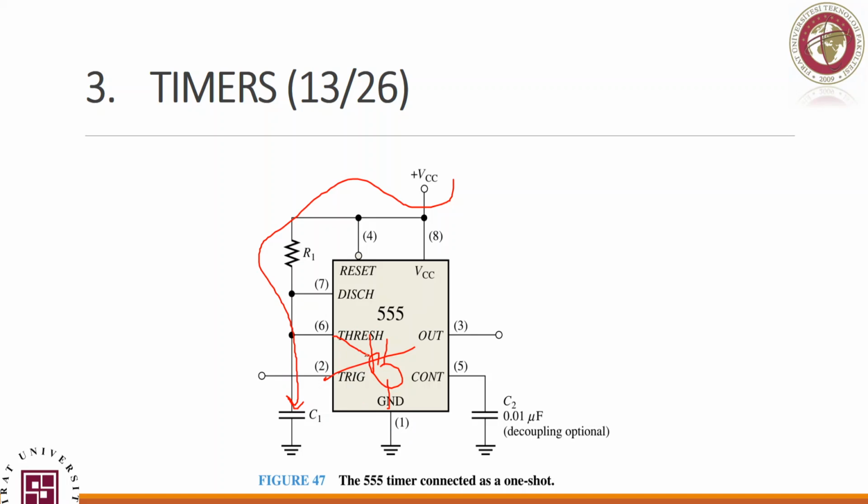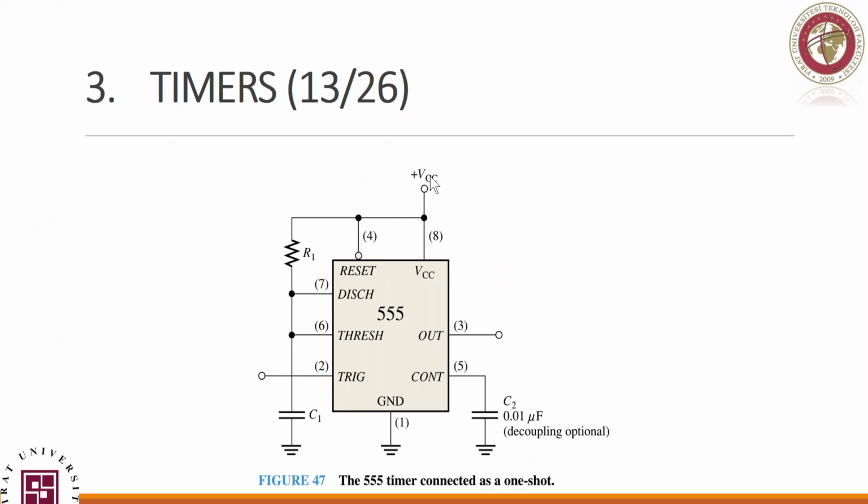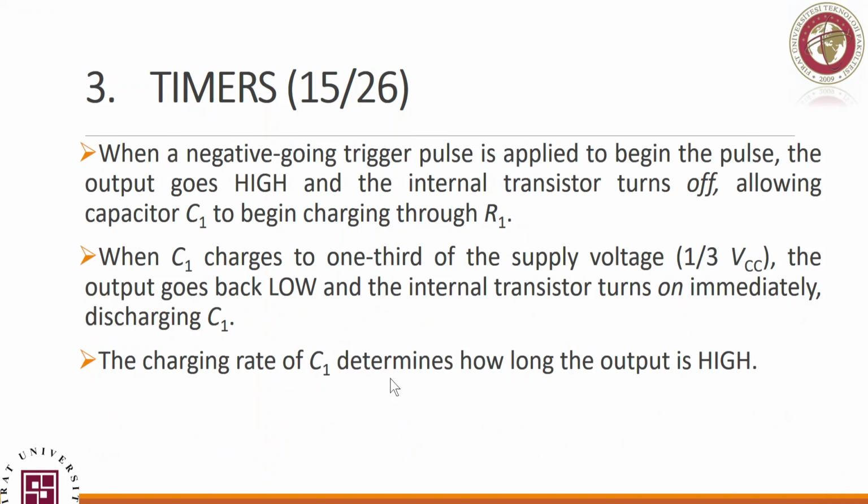But if this one is open, in that case, what will happen? We will have a path for the charge through R1 to charge C1. C1 will keep on charging until we reach a certain threshold. This threshold is 1/3 of VCC.